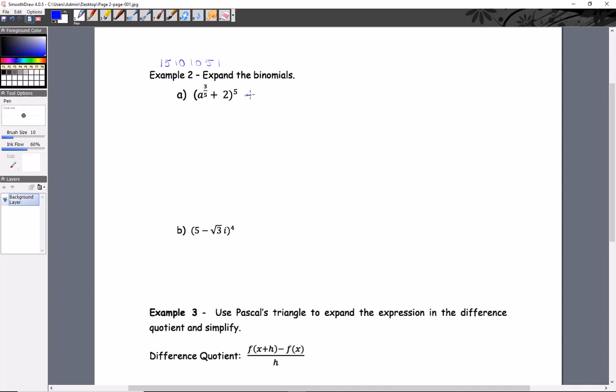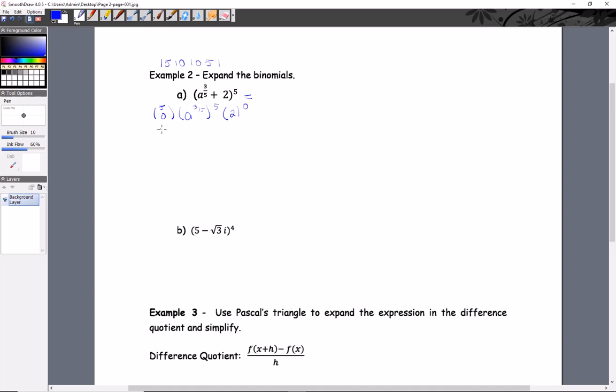So starting this out, we're going to start out with 5 things taken none at a time, and that'll be, this is your first term, a to the 3/5, and that'll be raised to the 5th power, times 2 raised to the 0 power.